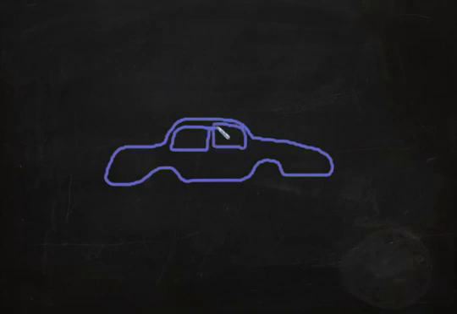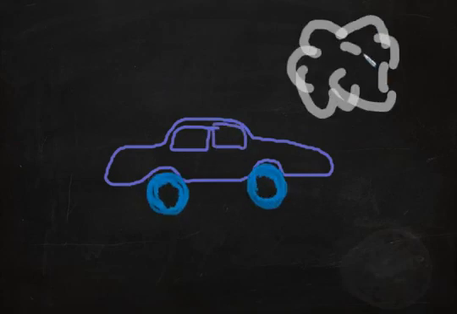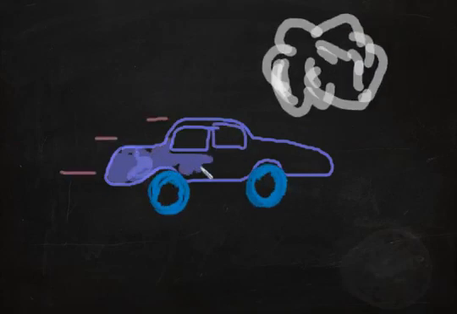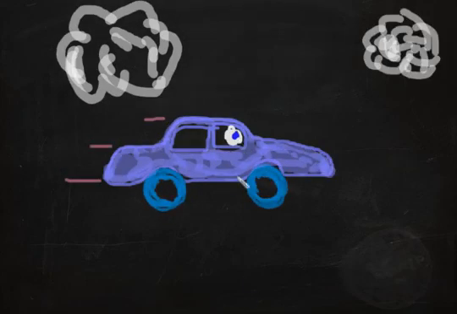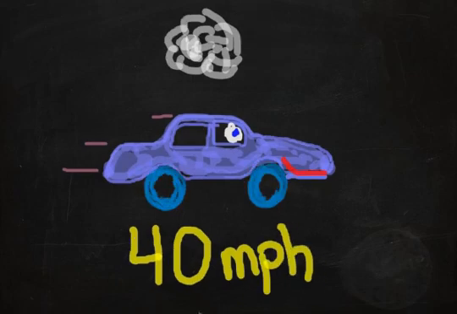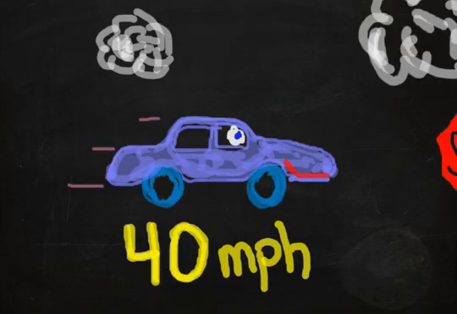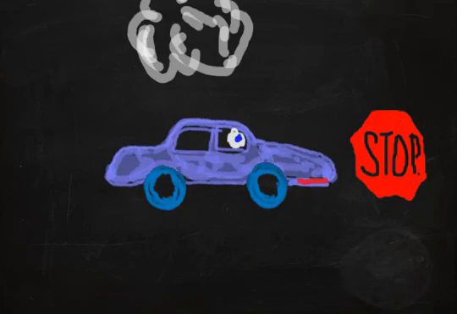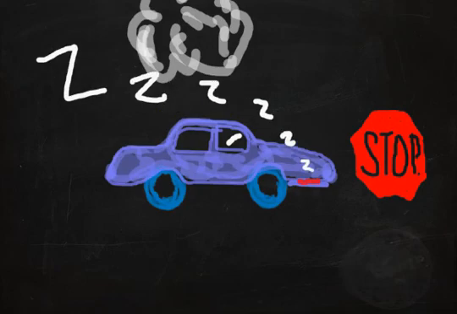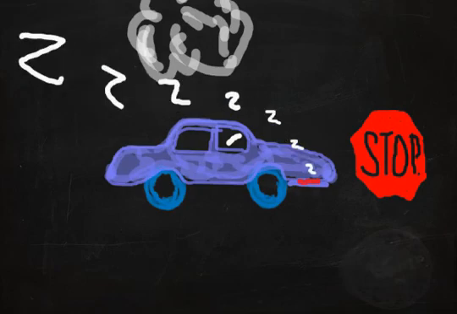And what about an object that is in motion already? A car driving down the street, for instance. The car's state of motion is in motion. It is moving down the street at a constant 40 miles per hour. Then it comes upon a stop sign. How does the car stop? If the car stops, its state of motion would be at rest.